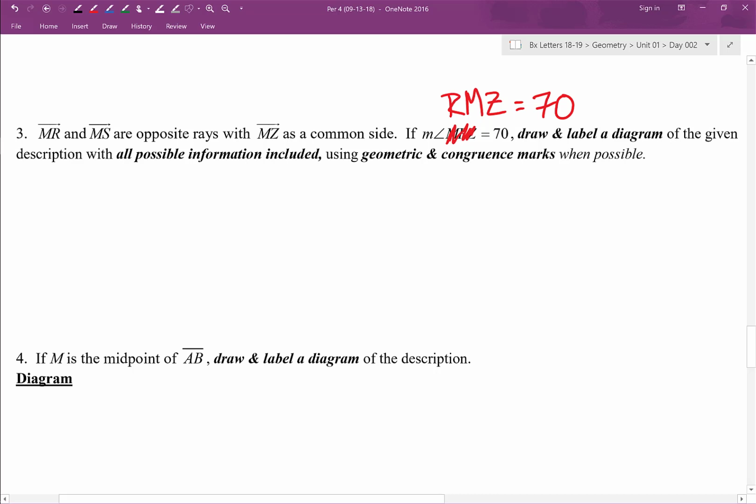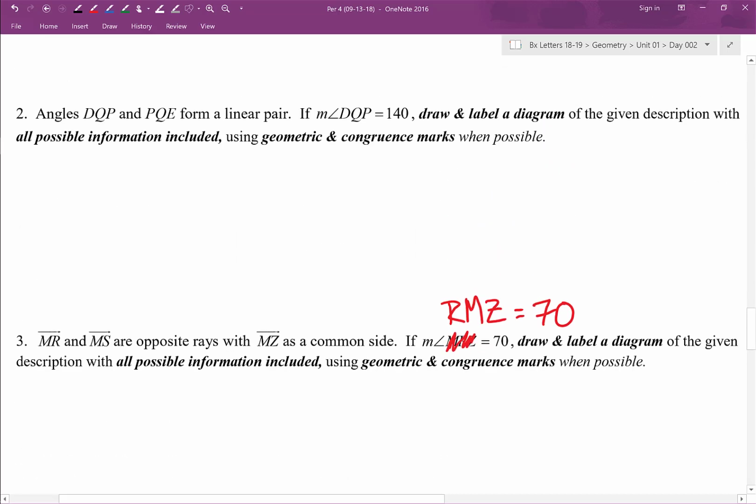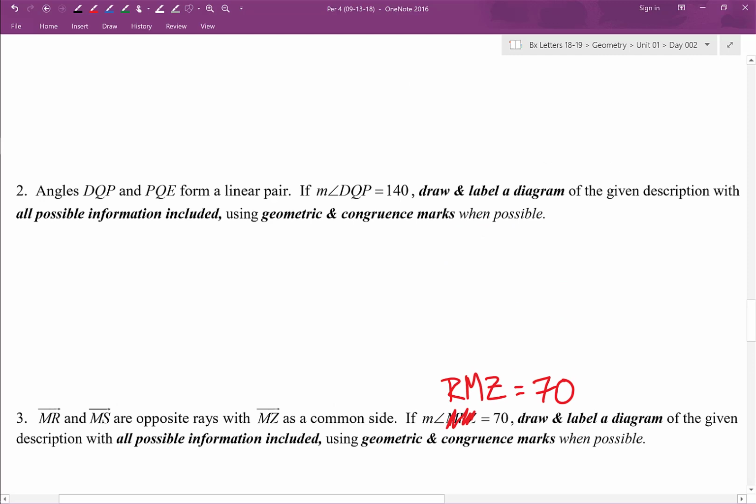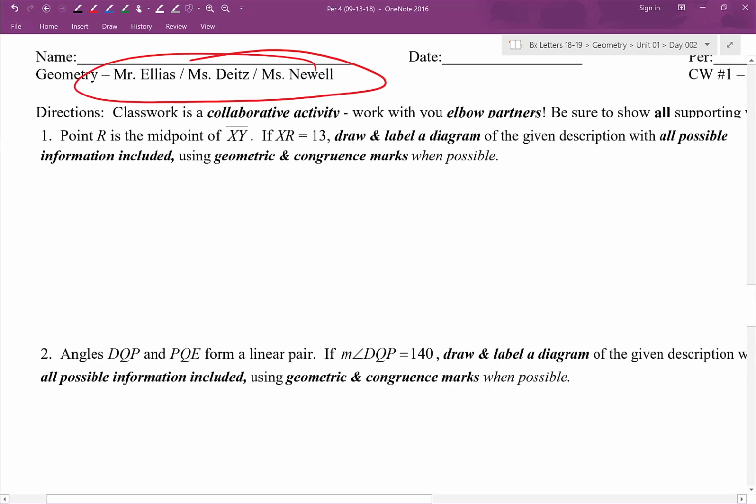Jacob, who are you allowed to work with today? Ooh, thank you, Lizette. All right, elbow partners. Any questions before we start practicing? No. Any volunteer to do number 1 on the tablet? Yeah, Mark? Start thinking if you want to be the next volunteer. You can practice there or type there, whatever you want. Okay.